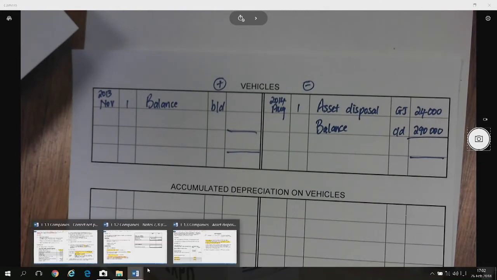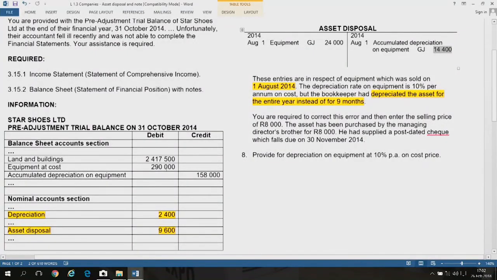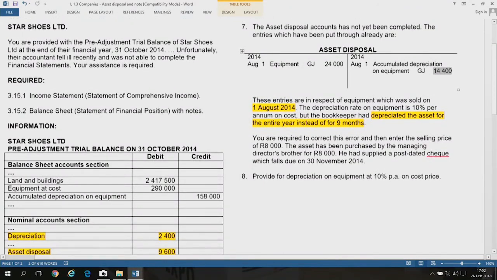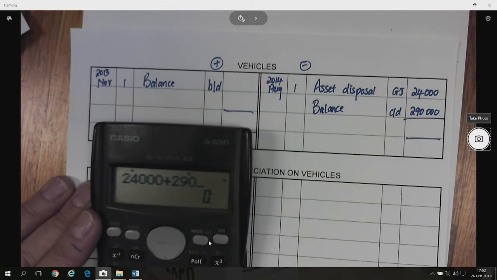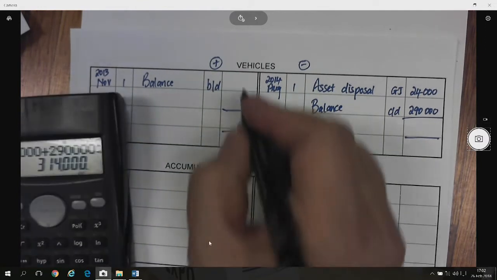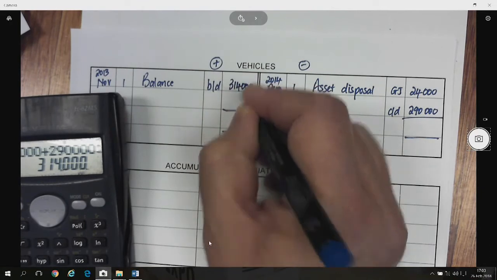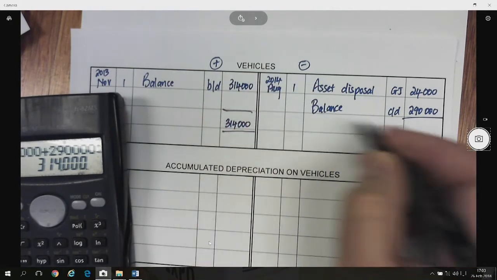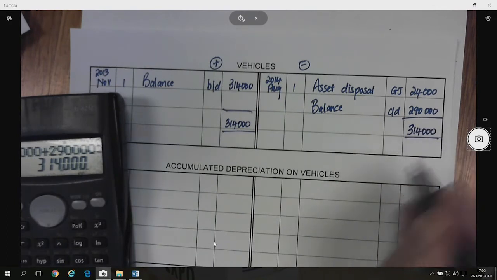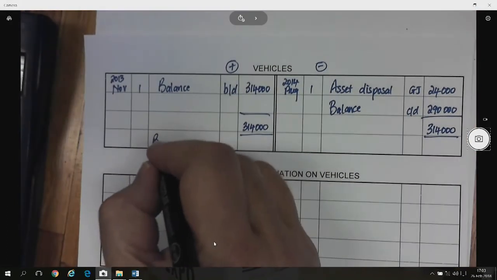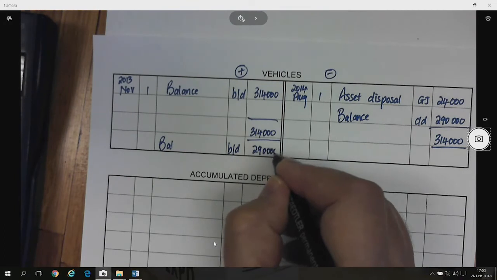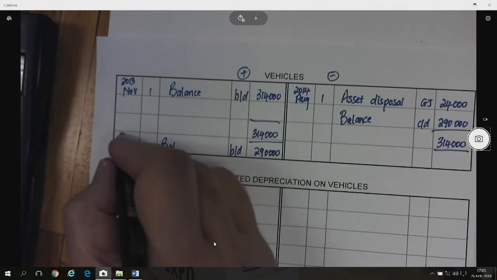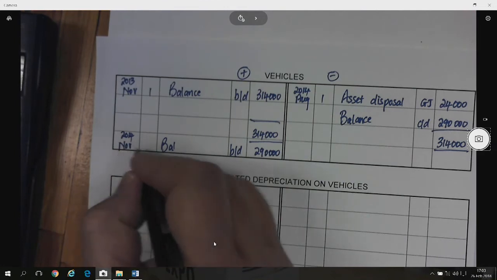Can you see the balance was 290,000 Rand? And it was after the asset disposal was already done, because you can see the 24,000 was already done. So if you add the two together, 24,000 plus 290,000, you will have 314,000 as your opening balance. And after the asset disposal, there's a balance brought down of 290,000. That will be 2014, November the 1st.